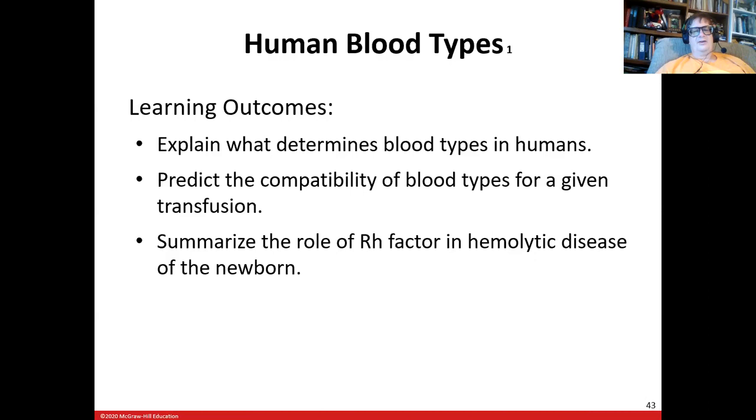You will predict compatibility of blood types for a given transfusion. The reason I said it's simplified is because we're only talking about two things, whether someone has ABO or RH. In reality, when we do blood typing, there are more than 30 blood typing groups.